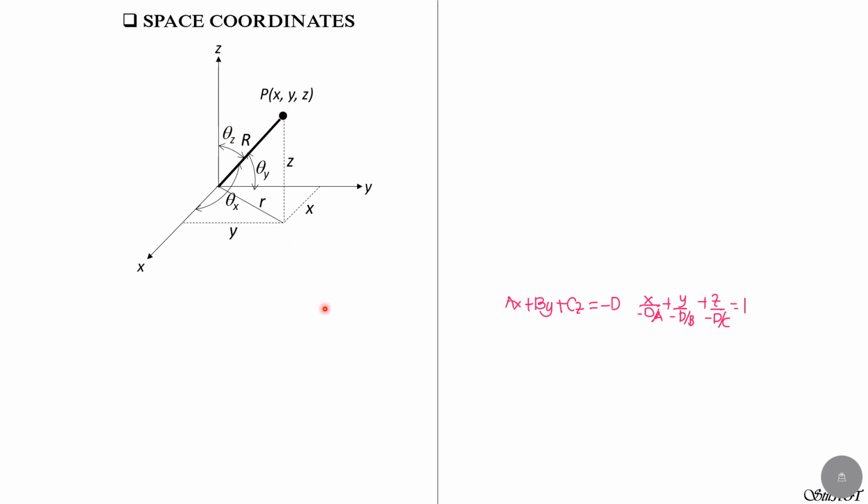But anyway, we'll just call that small r, because in other coordinate systems, that is denoted by r, especially in cylindrical coordinates. And theta is also the angle that this small r makes with the x-axis. And x squared plus y squared plus z squared equals big R squared, while x squared plus y squared equals small r squared.